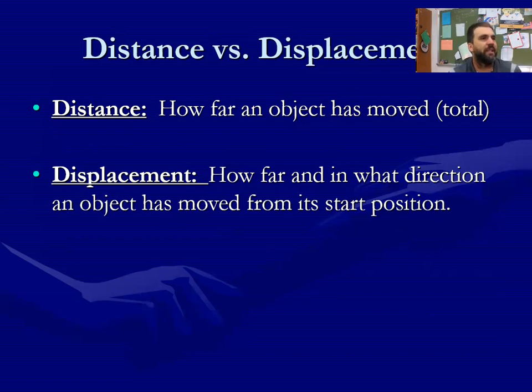How many steps did he take? 7 steps forward and then 3 backwards, 10. That was his distance. What was his displacement? Positive 4, correct? Because he ended up 4 steps in front of where he started.